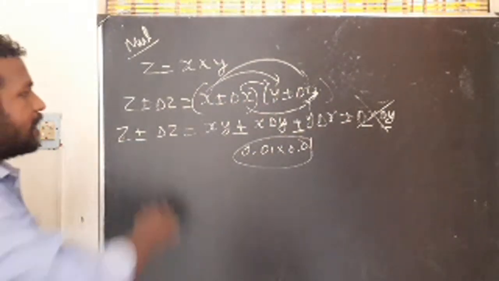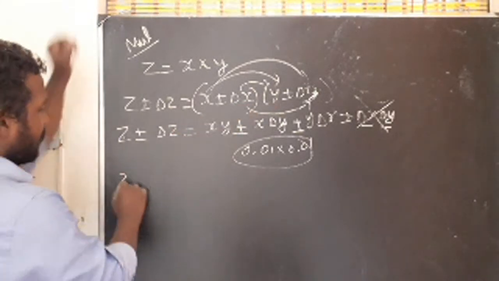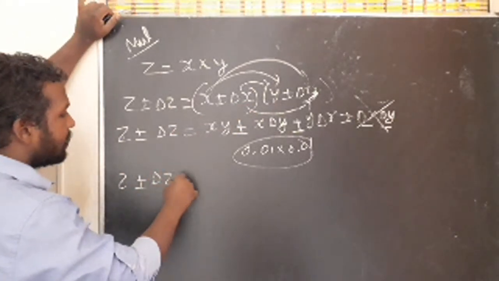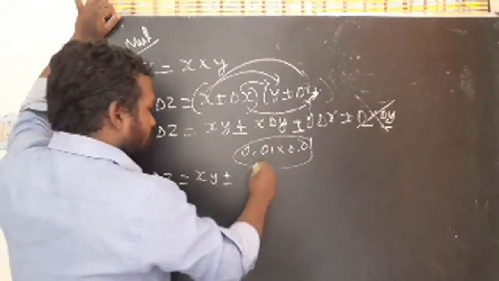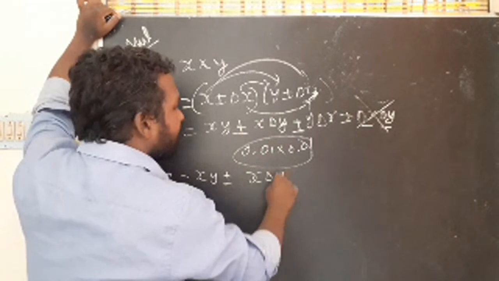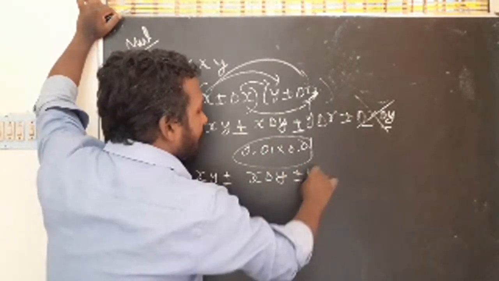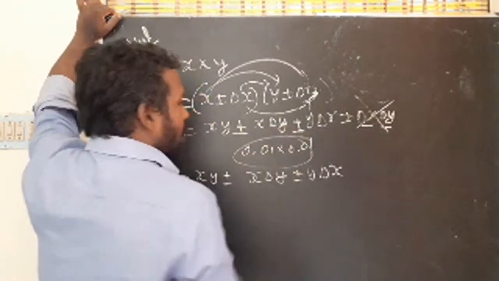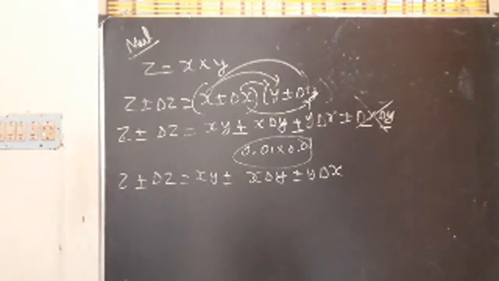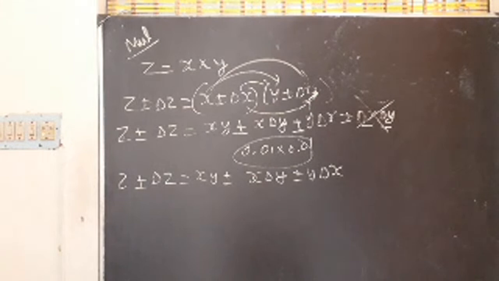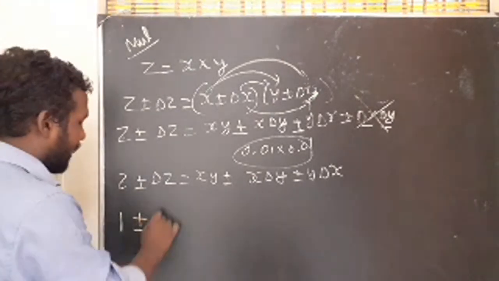So then we have z plus or minus del z is equal to xy plus or minus x del y plus or minus y del x. The whole equation is divided by z, the total value. What we get here is 1 plus or minus del z by z.